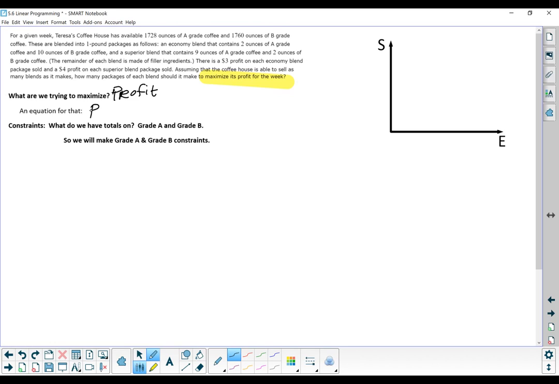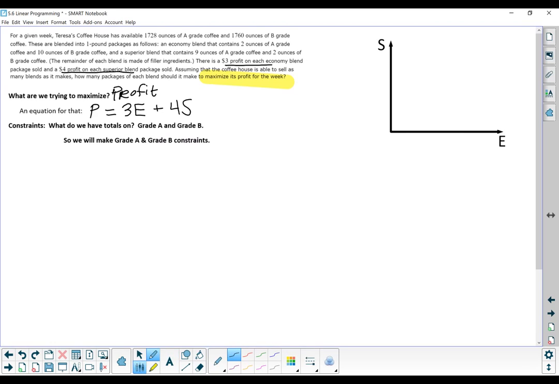Well, the profit is equal to, they make a $3 profit on economy, so I'm going to call that 3E. For each E bag they sell, they get $3, and a $4 profit on a superior blend. So 4S is added, $4 of profit on each superior bag. Okay, so our goal is to get as large of a profit as possible.